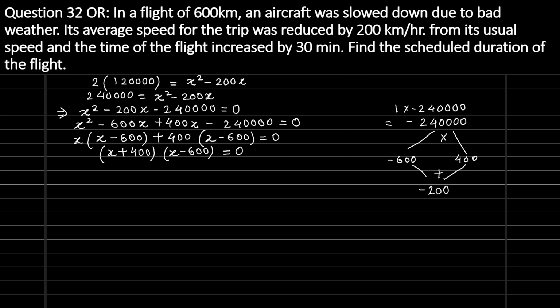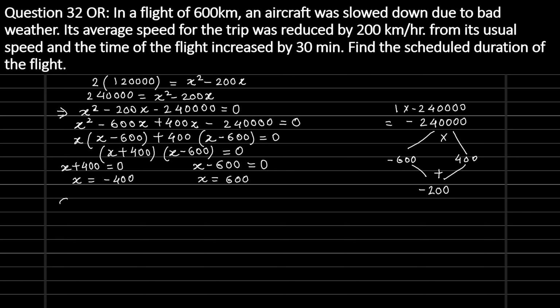Now to find the value of x, let's equate x plus 400 with 0. It gives x equals minus 400, and on equating x minus 600 with 0, it gives x equals 600. Now we know x is nothing but the speed, right?